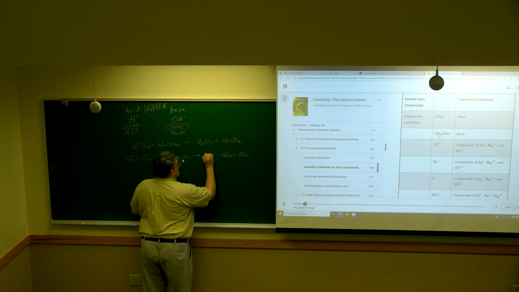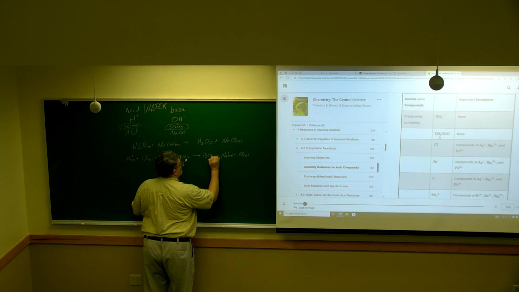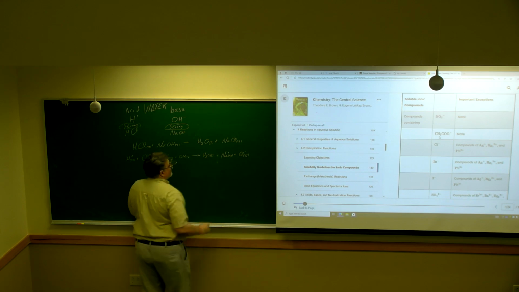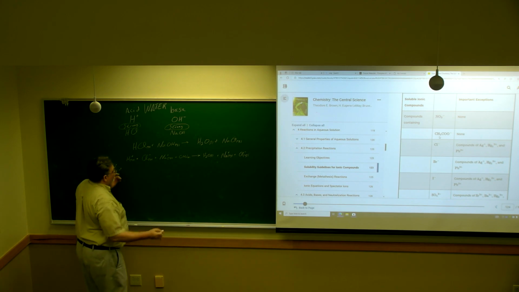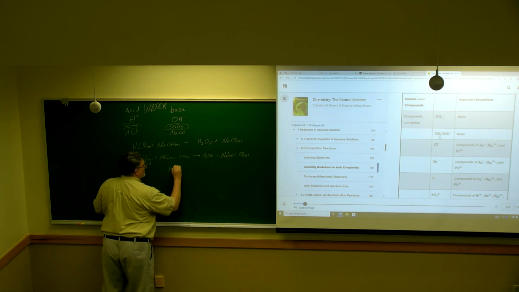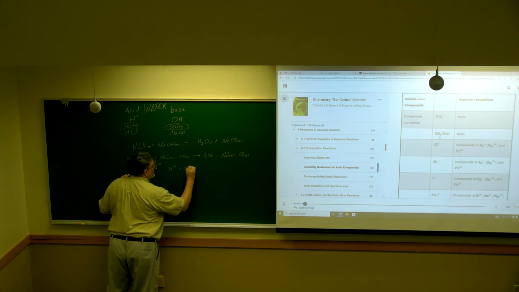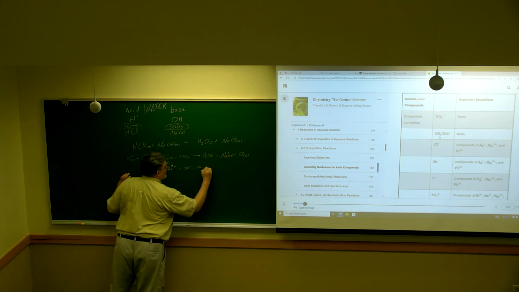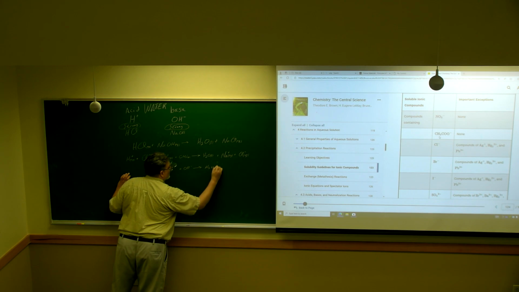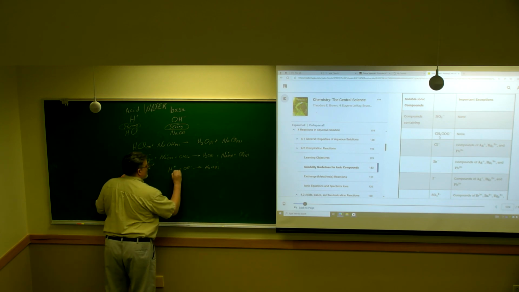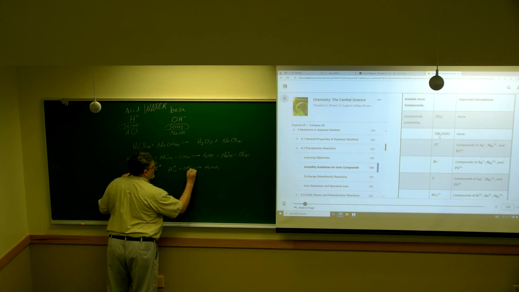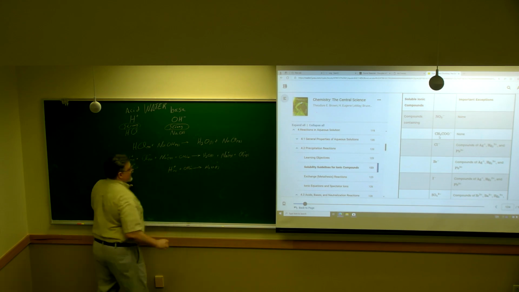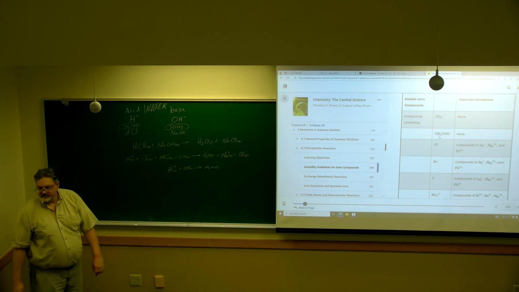And we just leave the H2O like that. The net ionic equation is actually just this. Aqueous. That's the net ionic equation.